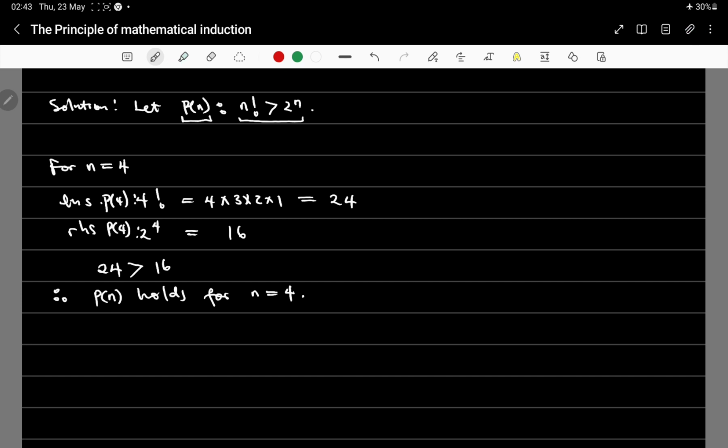Then the next stage is the inductive assumption. So we assume that Pn holds for some n which is equal to k.